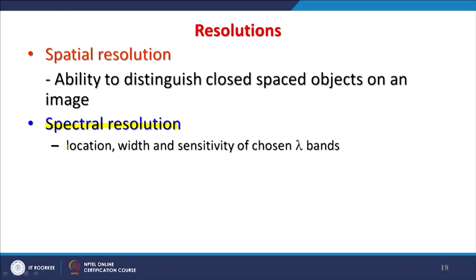Spectral resolution depends on where our bands are located and what their width is, and the sensitivity of a chosen lambda band, meaning where they are located in the EM spectrum, because at different locations the sensitivity is different. Generally thermal bands have very broad width compared to visible or infrared.